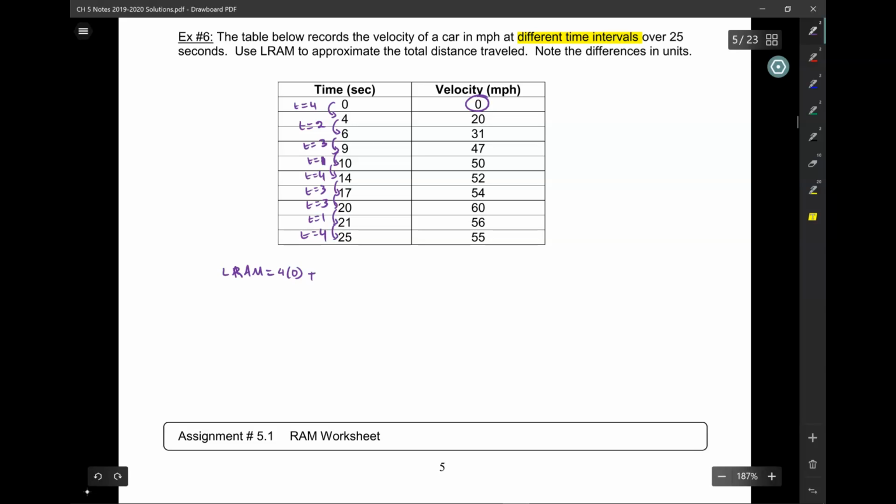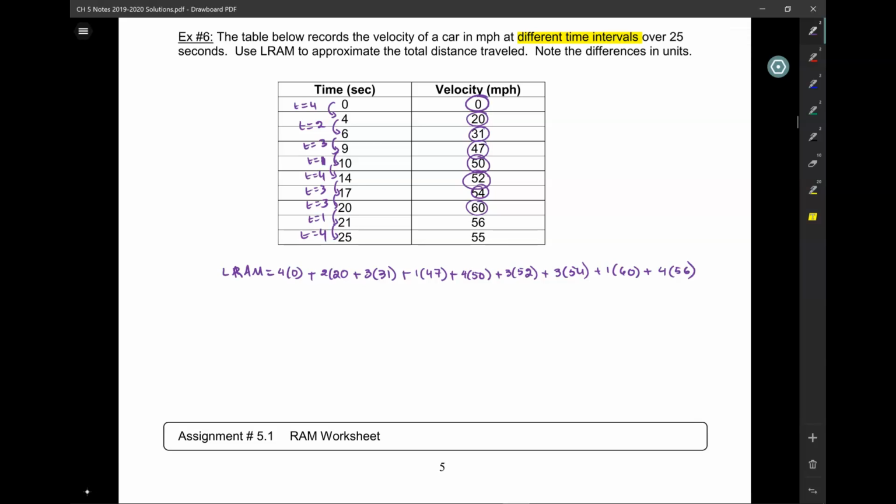And then plus 2 times 20, 3 times 31, 1 times 47, 4 times 50, 3 times 52, and then what else? 3 times 54, 1 times 60, and then 4 times 56, and you already know that you're done because you ran out of bases, right?